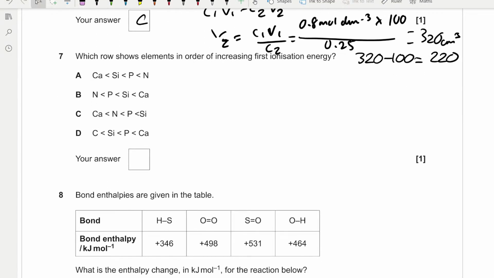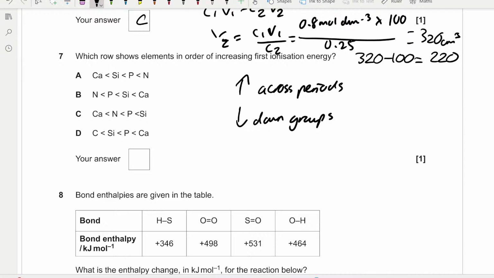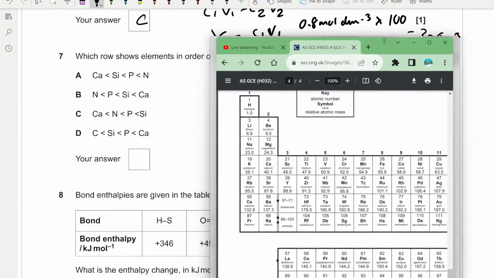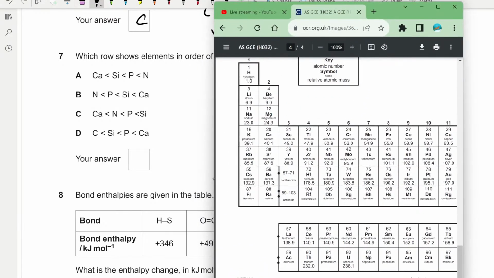Question 7. Which row shows elements in order of increasing first ionization energy? So ionization energies increase across periods and they decrease down groups. So if we look at row A, we've got Ca, then silicon, then phosphorus, then nitrogen.